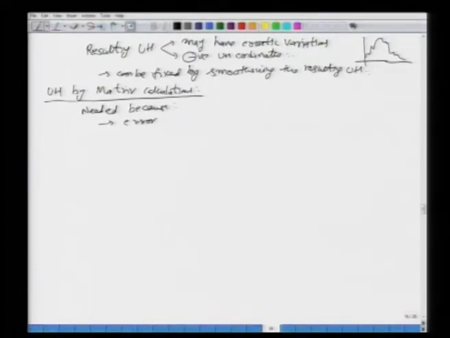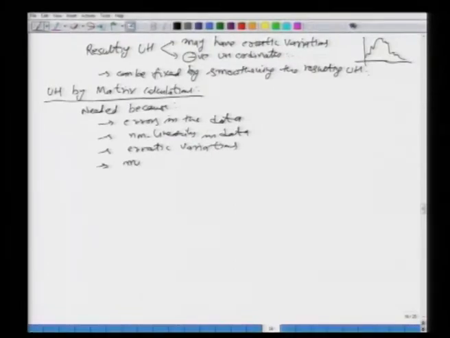There may be errors in the data, there is non-linearity in the data, there are erratic variations, there are more equations than unknowns, that uniqueness problem, the first one at least, and the last one is the negative UH ordinates.